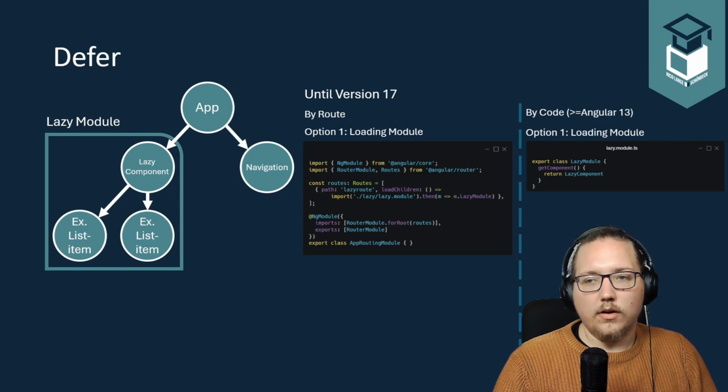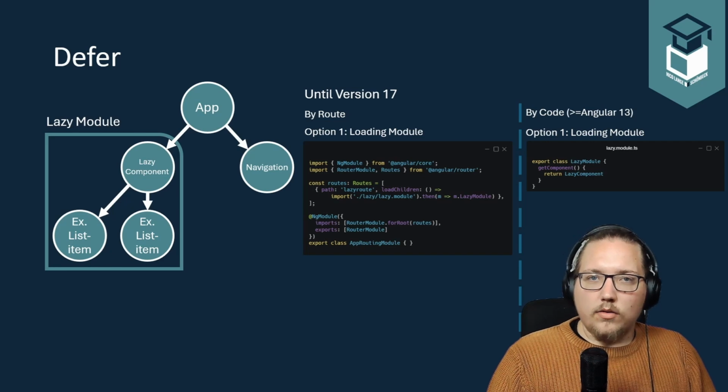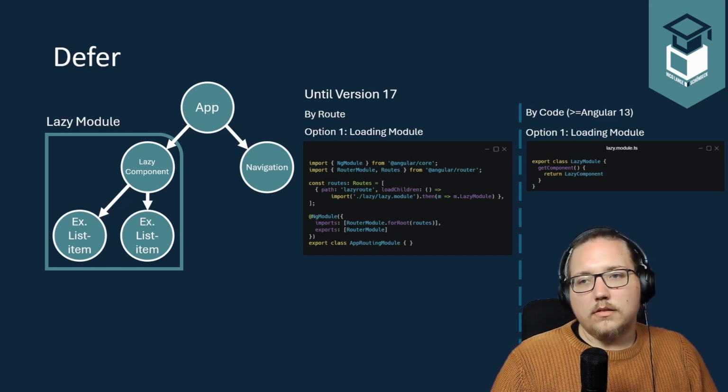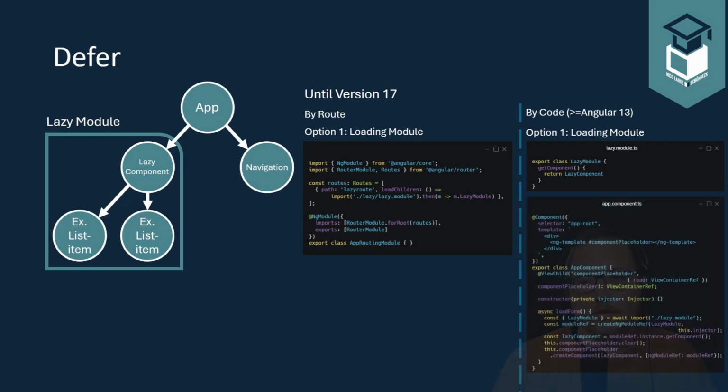So now we come to the more complex part. You don't have to understand it, it's only here so that this course is complete. But as I said, Angular 17 has a new way that is much easier. But we will quickly take a look at it.